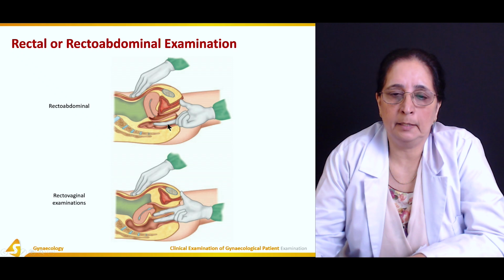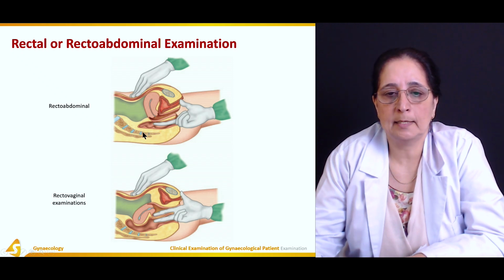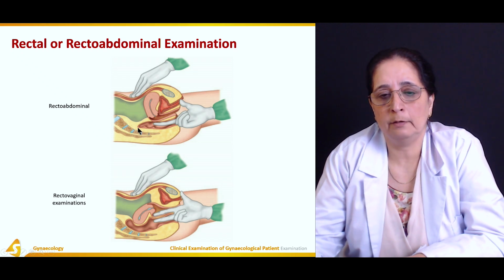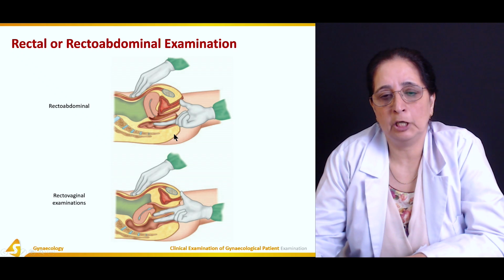The rectum is at the posterior end, just close to the sacrum. Here, this is the sacrum, the lower end of the vertebral column, and close to that is the rectum. So one finger is inside the rectum and one hand is on the abdomen. This is the examination of the rectum.